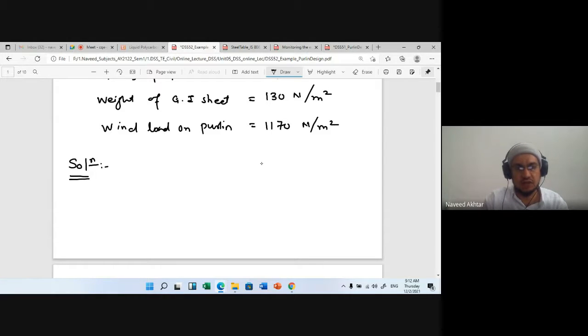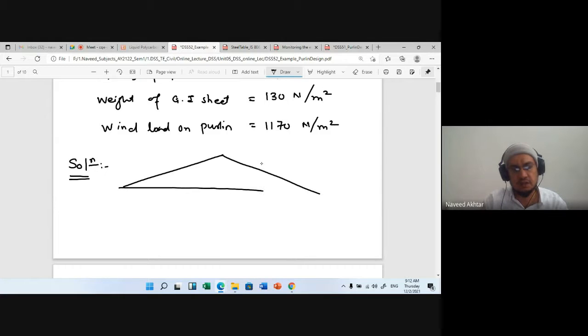If I draw the truss, over the truss the angle purlins are resting. This is the fillet angle, and then the angle purlin is there, and over the angle purlin is the roofing sheet. This one is your principal rafter, over which your purlin is there.